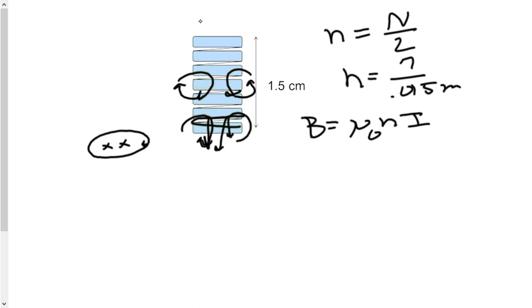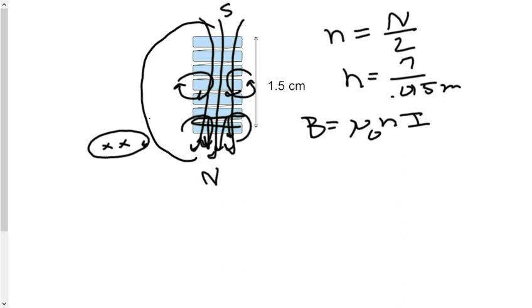So what's going to happen is we're going to get an additive effect of magnetic field going like this inside this solenoid. And that, of course, will produce a strong north here and a strong south here. So the magnetic field would then wrap around like this. It's kind of a messy diagram, but hopefully you get the idea.